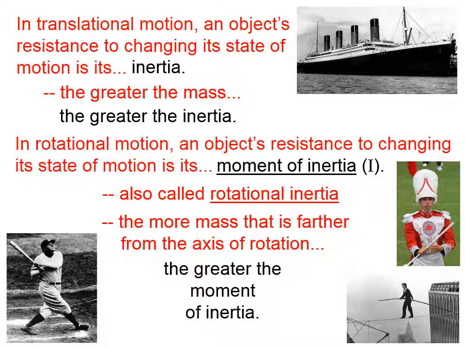And for that reason, a baton that's held at the end has a greater moment of inertia than one that's held at the center, which means that it's not only tougher to get that baton started rotating if we're holding it at the end, but it's also tougher to stop it from rotating once it already is.